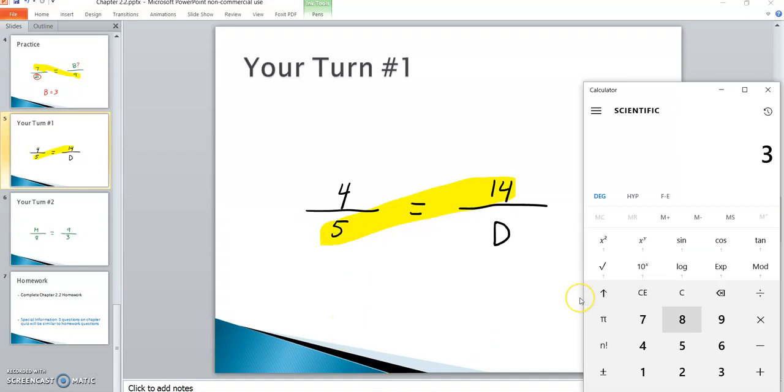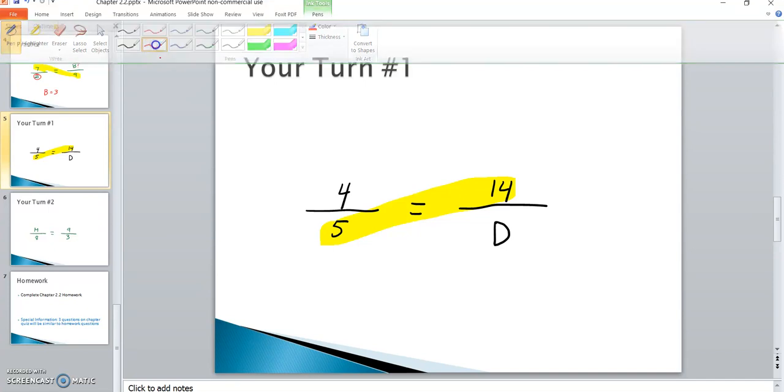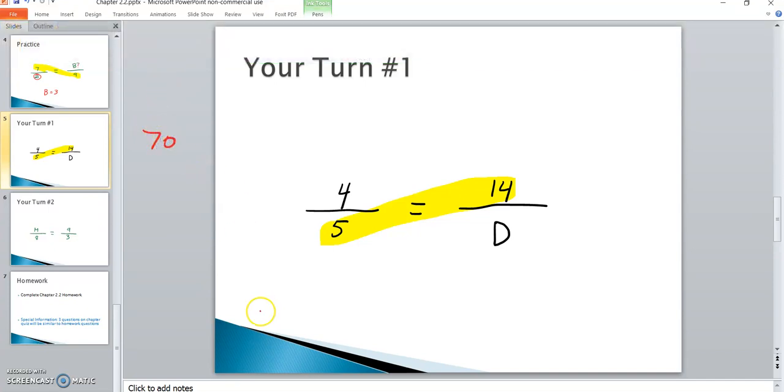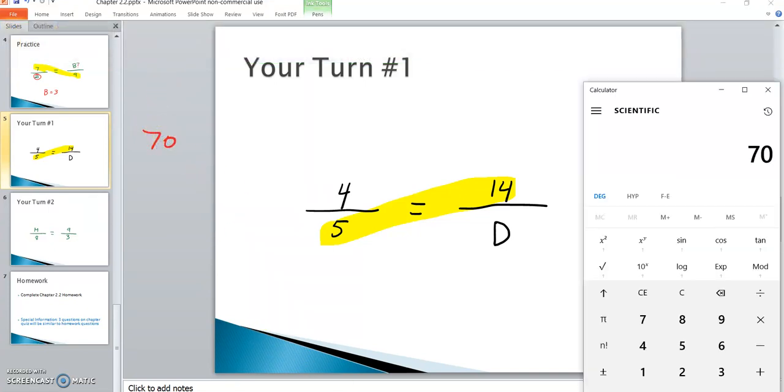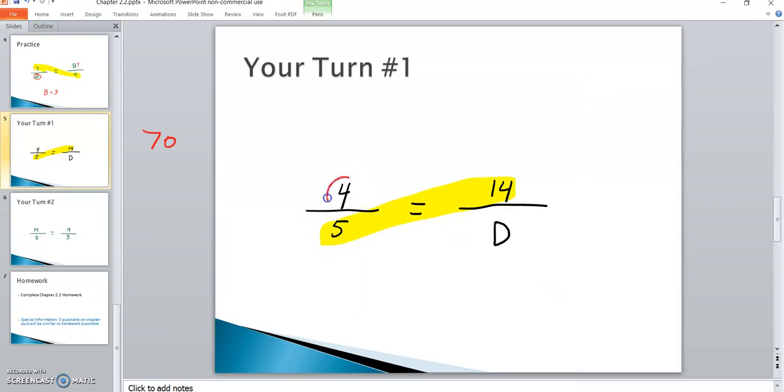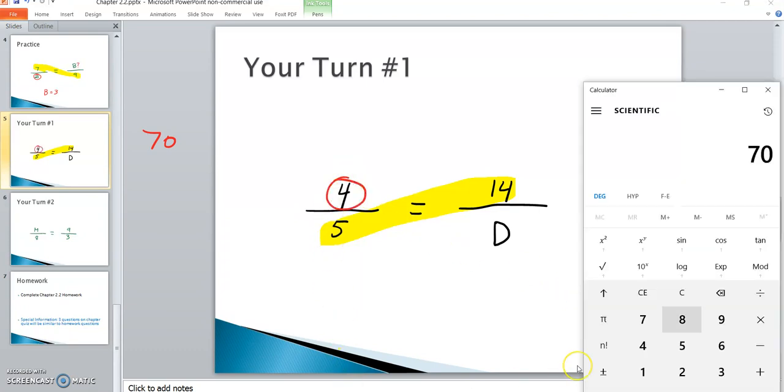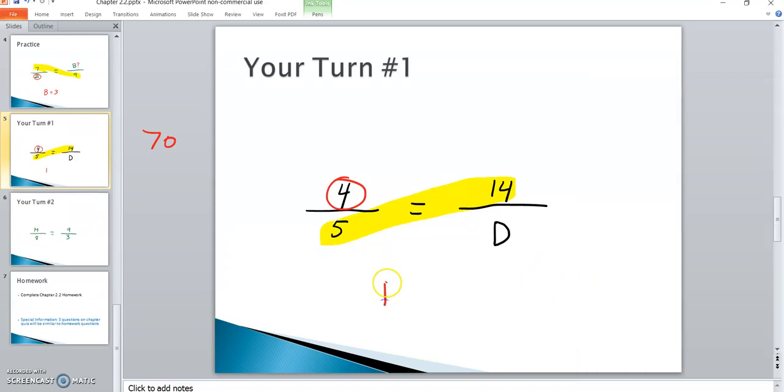So I want you to get your calculator out and go 5 times 14 is 70. And then we're going to divide by the last number. Now it looks like my answer here is 17.5, so there is a decimal, but that's okay. So D is equal to 17.5.